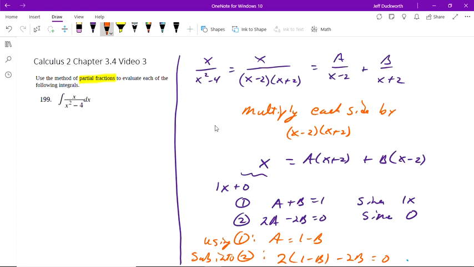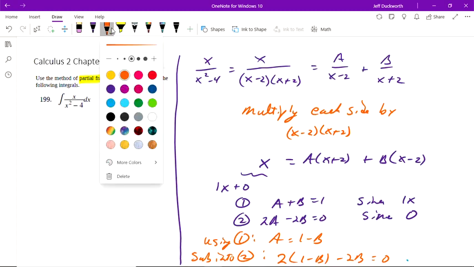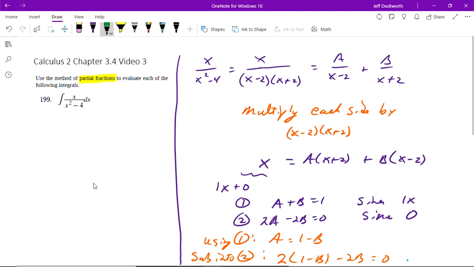So now I'm going to rewrite this here. So this is equal to the integral of, since it's 1/2, 1 over 2 times the quantity x minus 2 plus 1 over 2 times the quantity x plus 2.